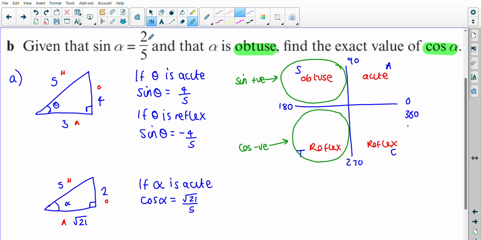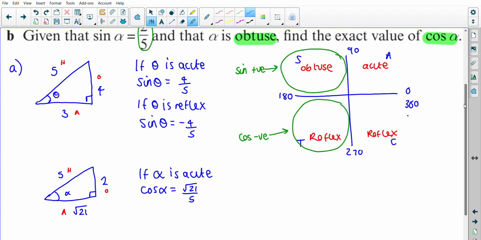And you can see it tells us that here sine alpha is positive 2/5. So if I've got an obtuse angle then, if alpha is obtuse, I will need to make cos alpha negative. Okay, so that's just a little section on those types of questions. They're quite common. We do see them again in year 2.